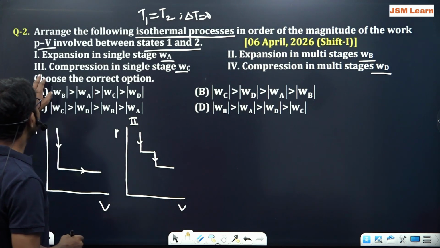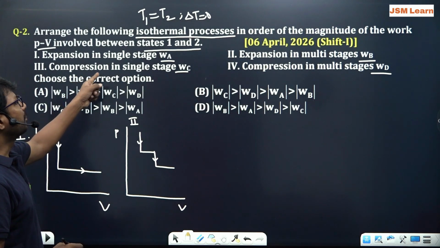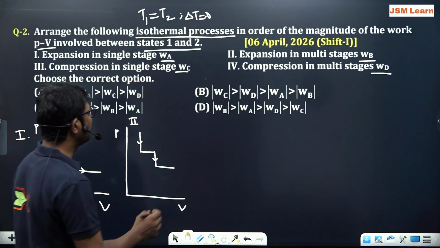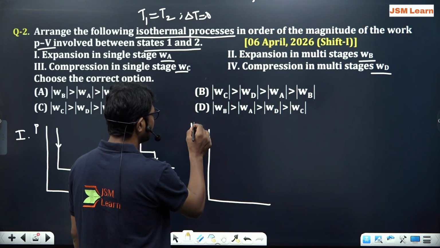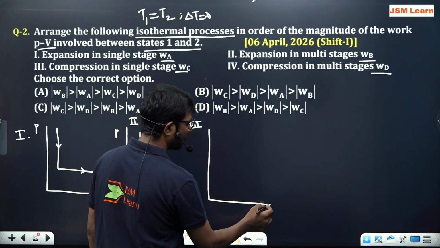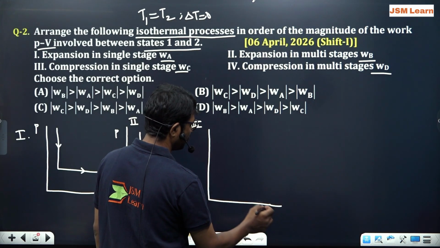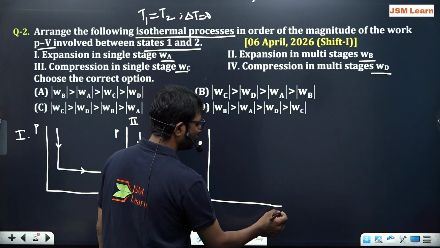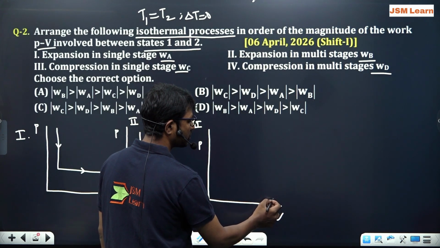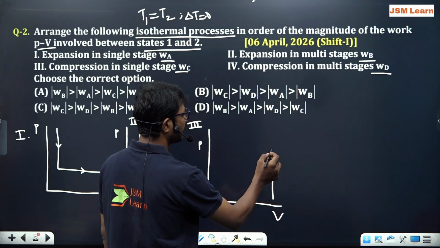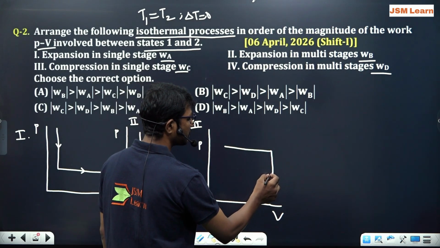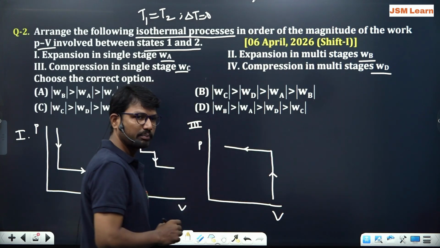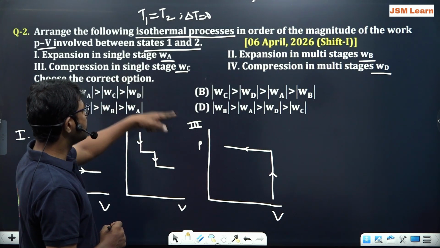Next, the third case they have given is compression in single stage, WC. Here in the third graph, pressure versus volume, in case of compression, pressure has increased, as a result volume is going to decrease. That is compression in single stage.